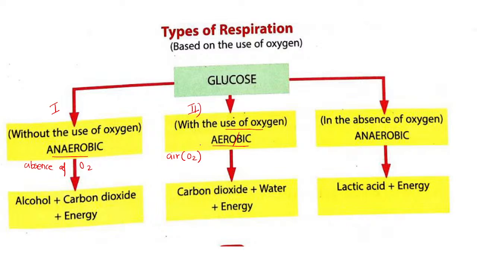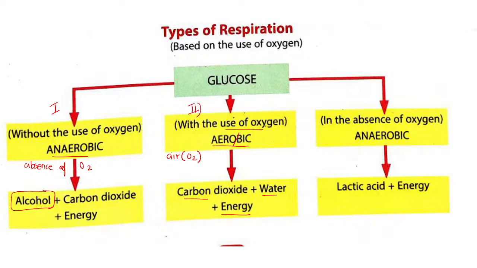During aerobic respiration, when glucose is broken down, we get three products: carbon dioxide, water, and energy. The end products of anaerobic respiration are alcohol, carbon dioxide, and energy. Here, alcohol is the different product that you get as a part of anaerobic respiration.